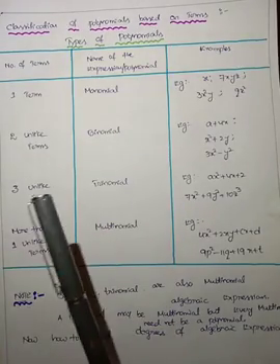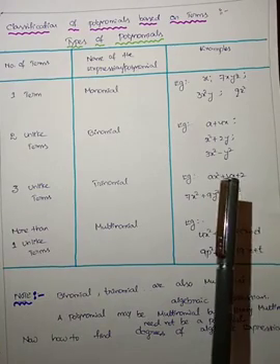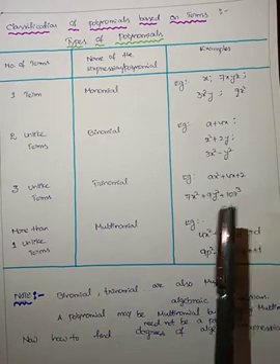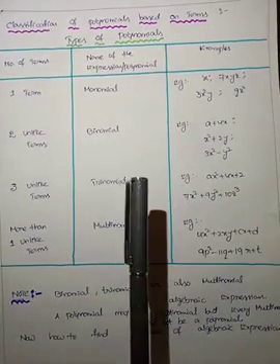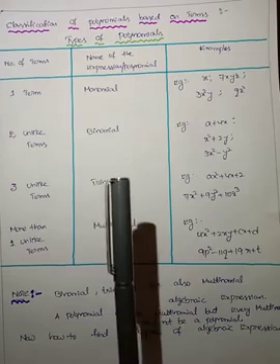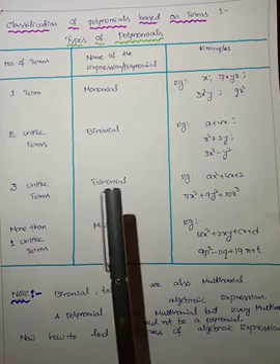What about three unlike terms? If the polynomial has three unlike terms, then that polynomial is called a trinomial.